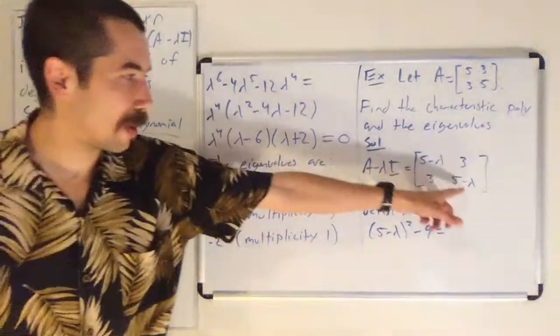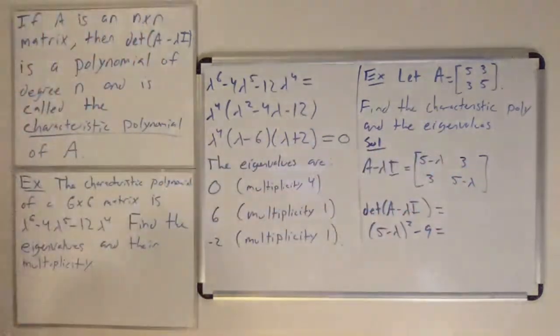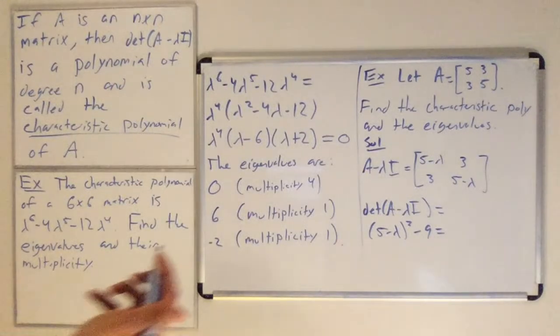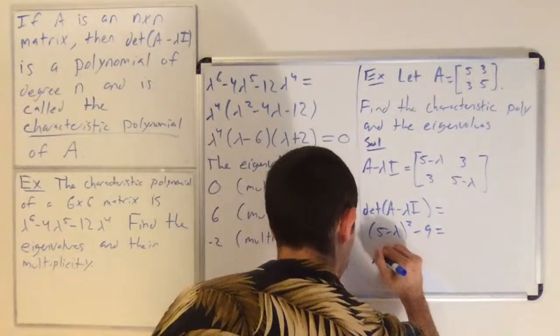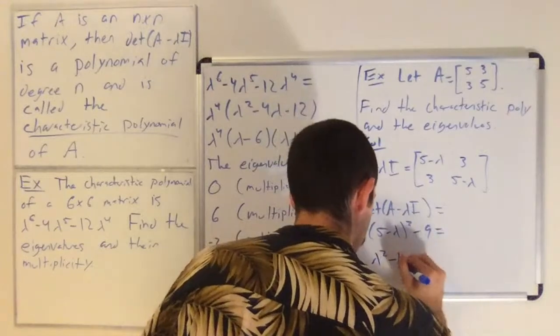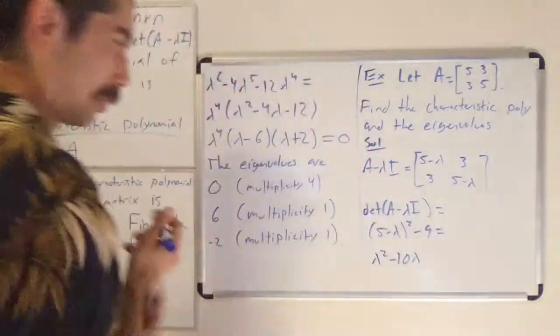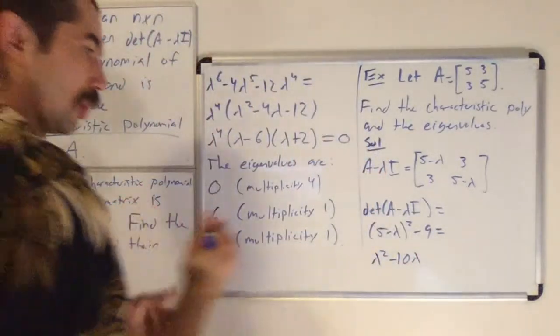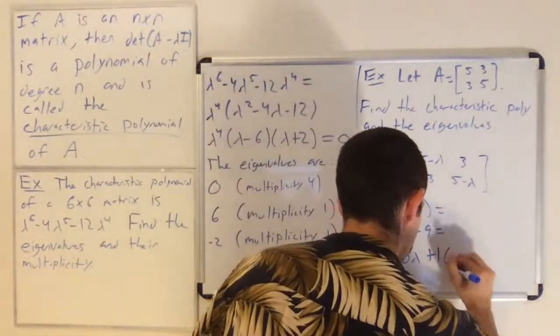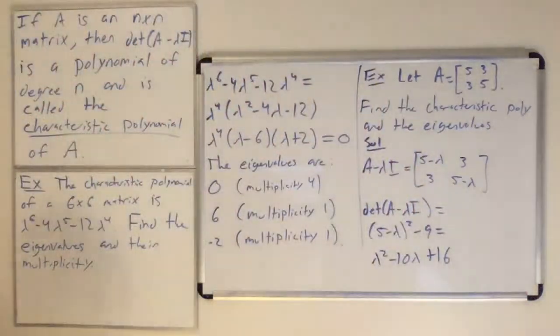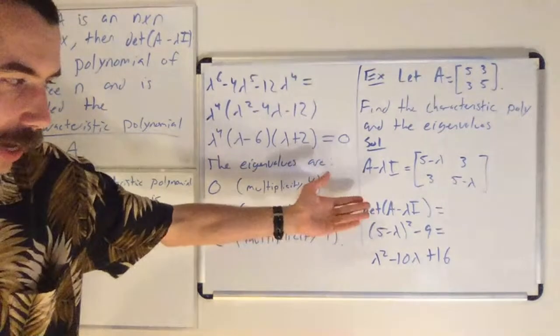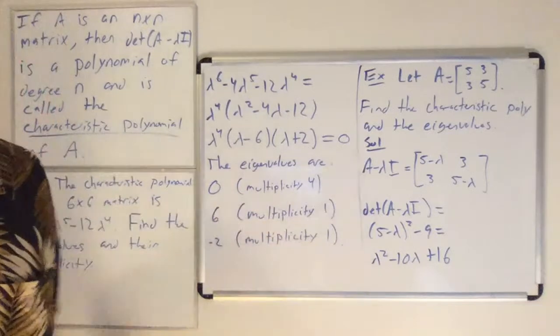So it's 5 minus lambda squared minus 9, which works out to be lambda squared minus 10 lambda plus 16. So if you factor this out, combine like terms, it should reduce to this.